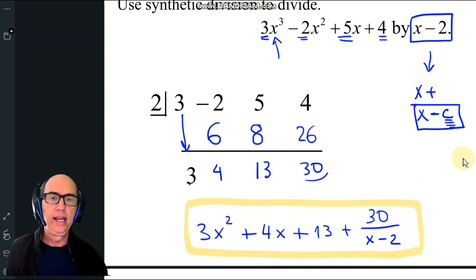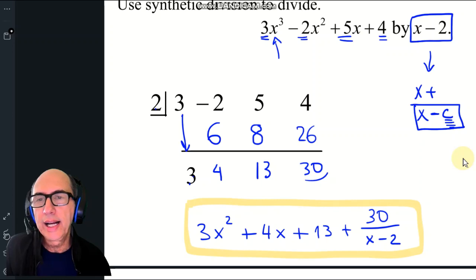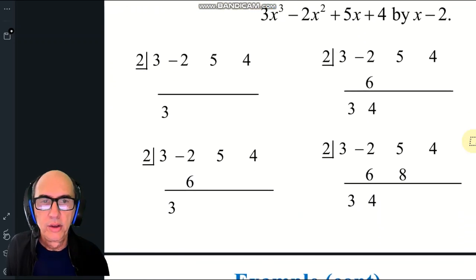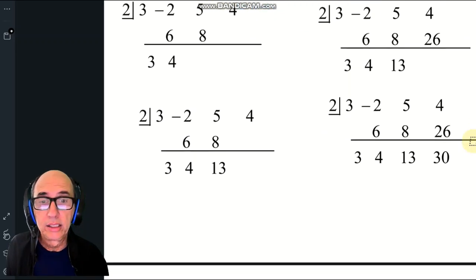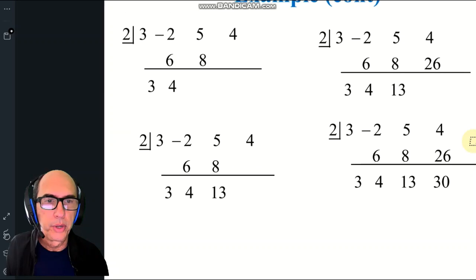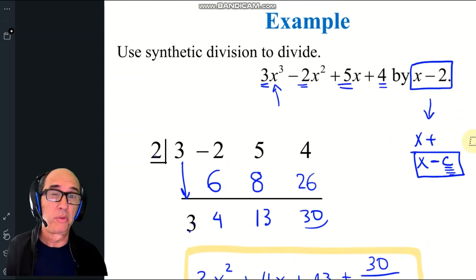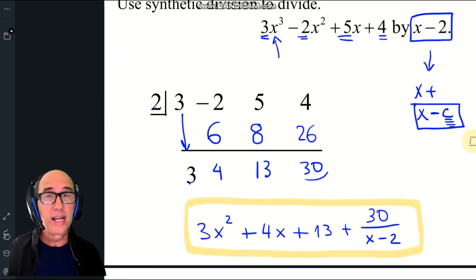It looks like a trick, but it's a method to find the answer to those divisions real quick. It's something that you have to kind of memorize, and it's kind of hard to understand.